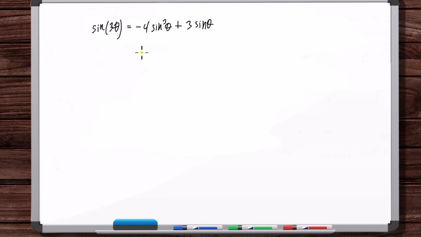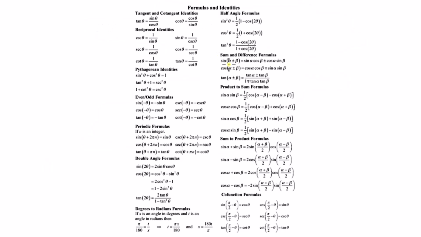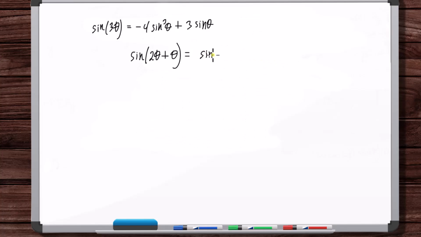Well, we could start with sine of 2 theta plus theta. The sum formula for sine is sine alpha cosine beta plus cosine alpha sine beta. So sine 2 theta cosine theta plus cosine 2 theta sine theta. Now we can use the double angle formulas for sine and cosine.